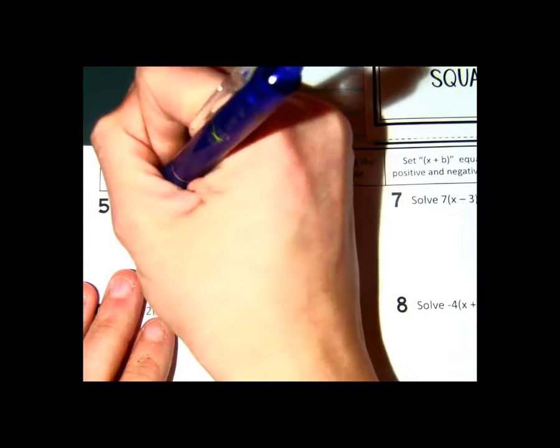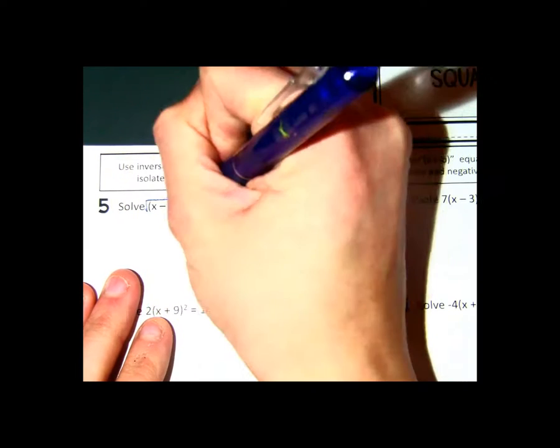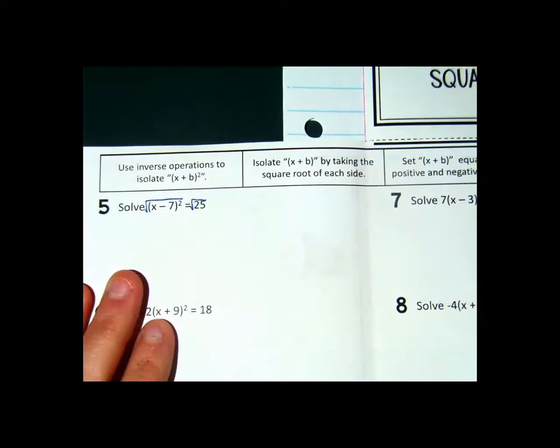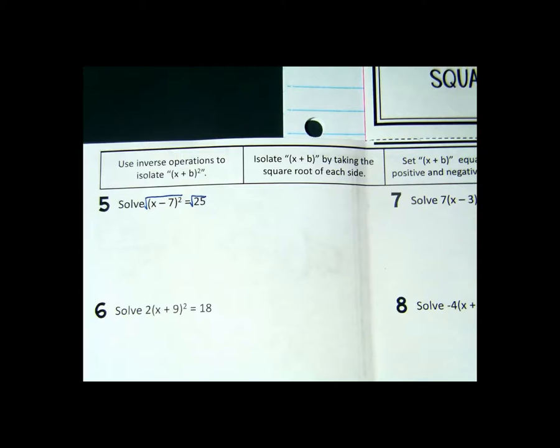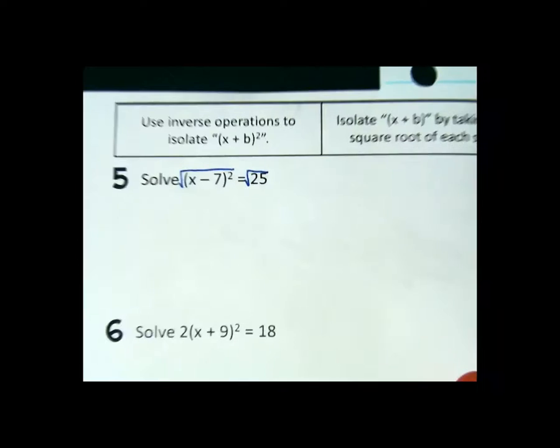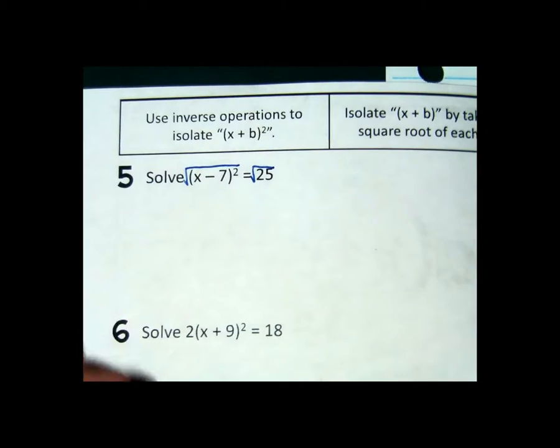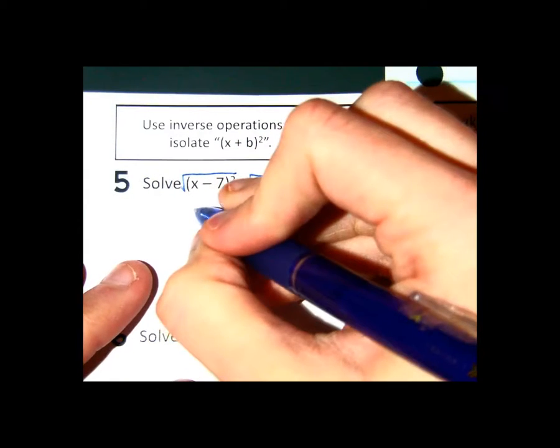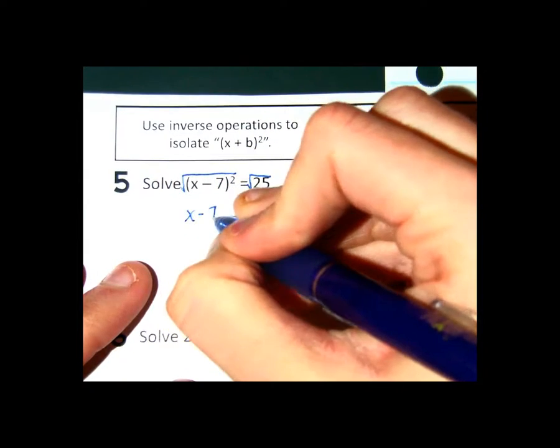So I'm going to take the square root. Square rooting that squared, it's the inverse, which means it undoes that. So all that's left on this left side is x minus 7.